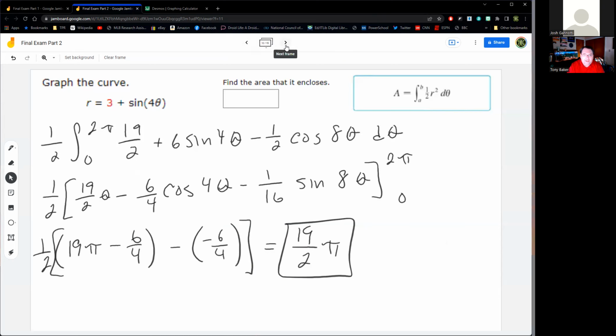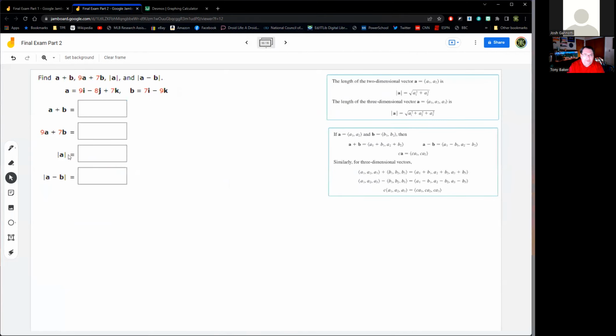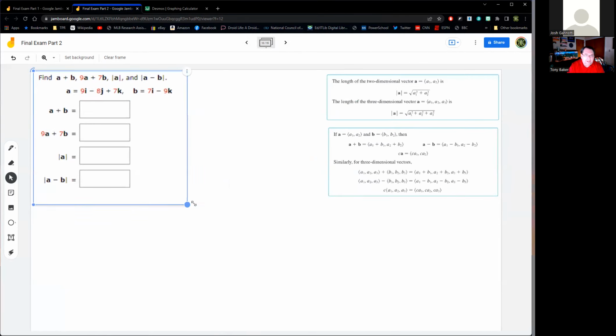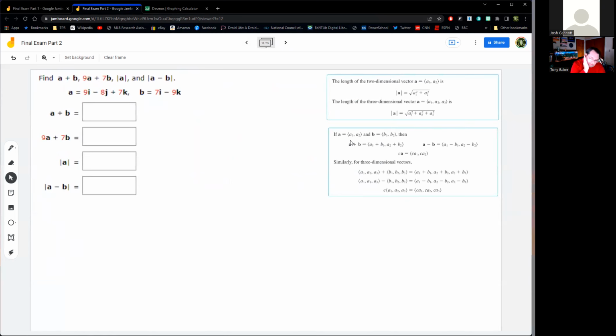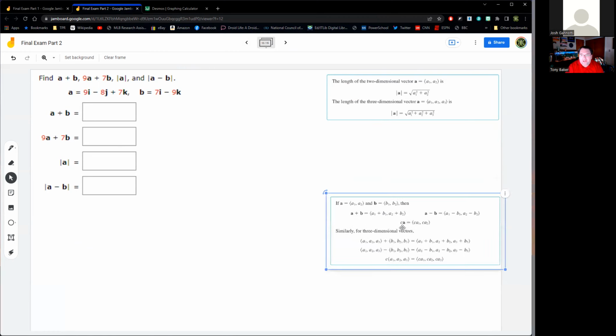All right, three to go. We're almost there. These are our vector problems. So the first one is combinations of them. So a plus b and the lengths of them. So a couple things.